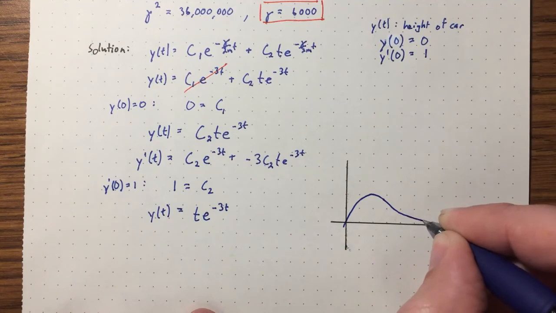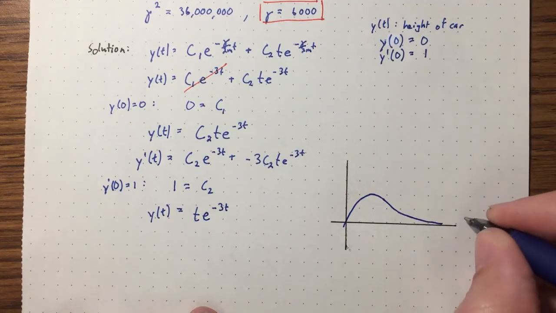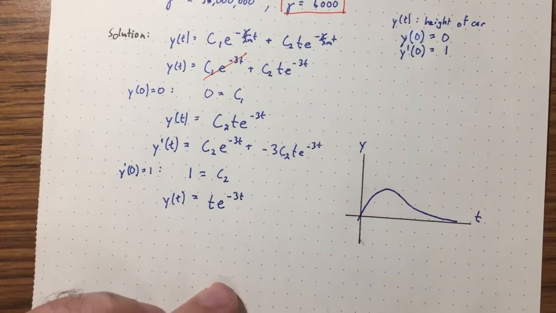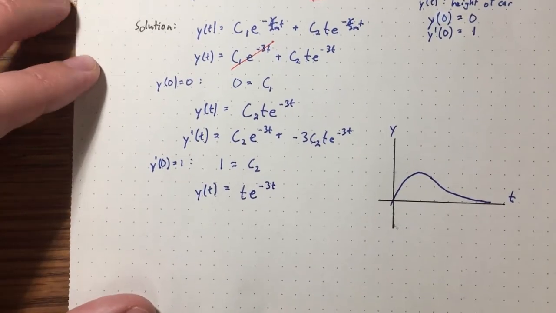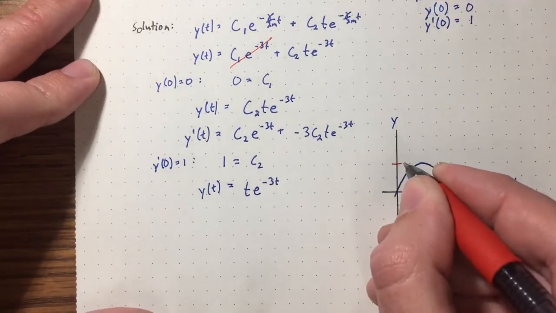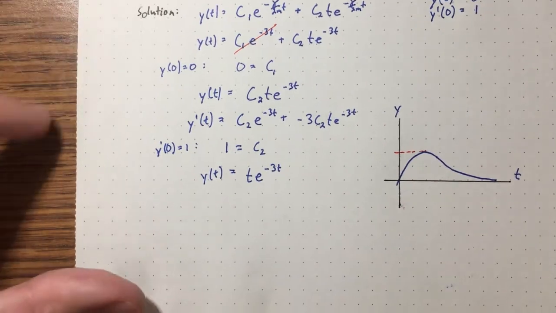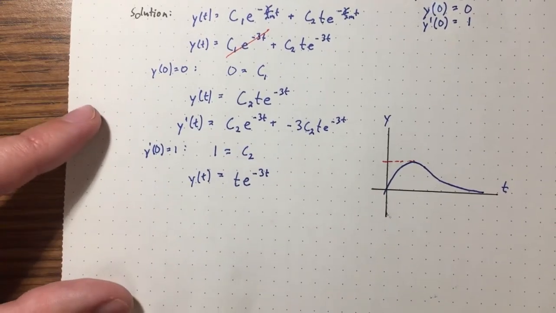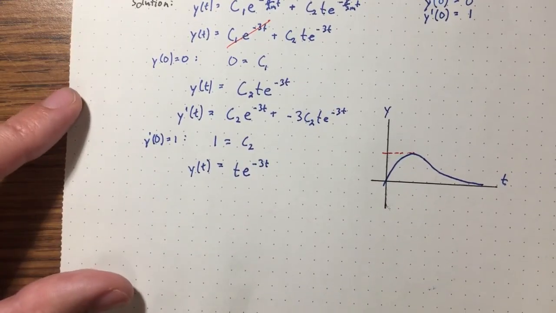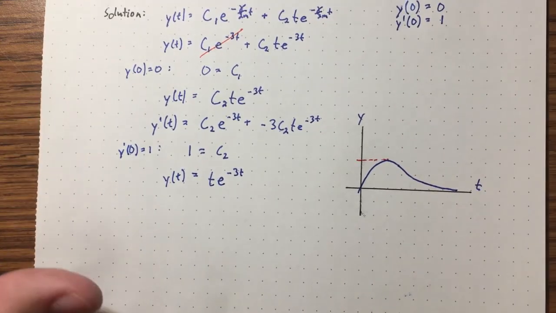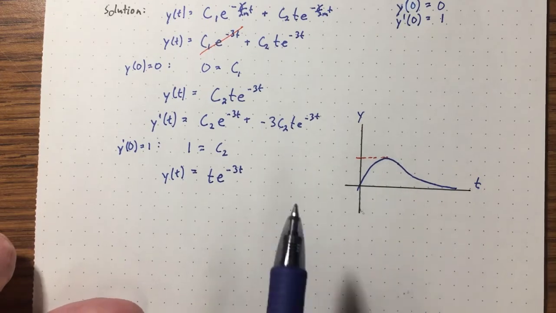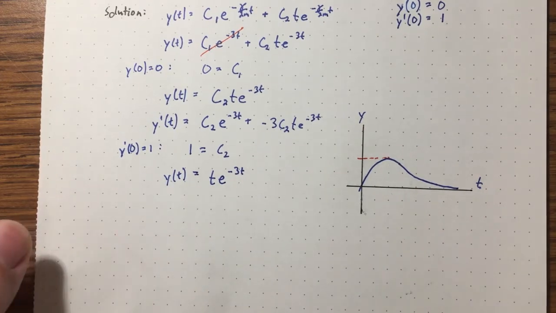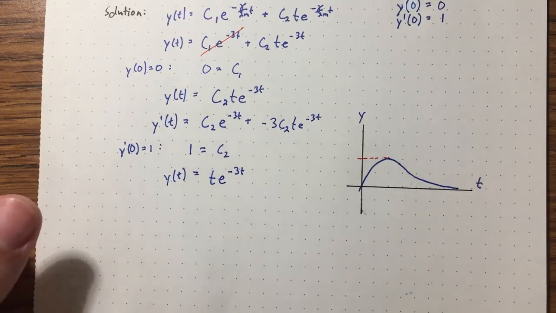And it's going to decay. Remember, this is going to go to 0. So t, y. What do we want to find? We want to find this right here. We want to find the maximum height of the car. And so how do we do that? Well, when we want to find the maximum value of a function, that's a calculus problem.